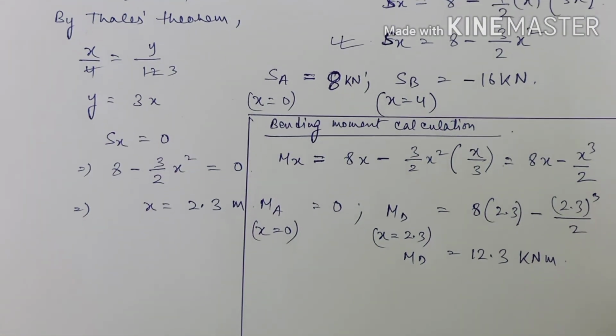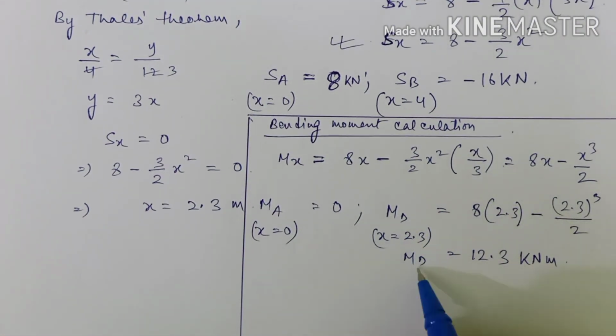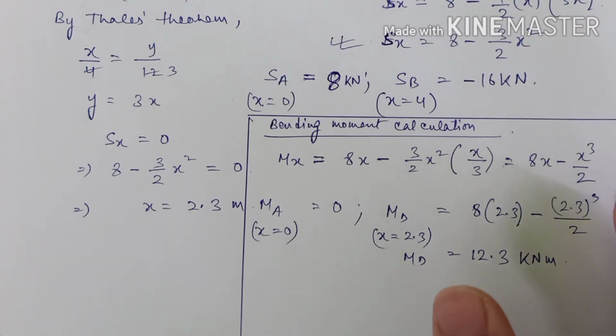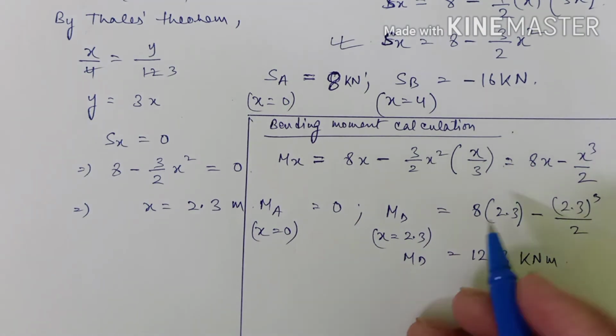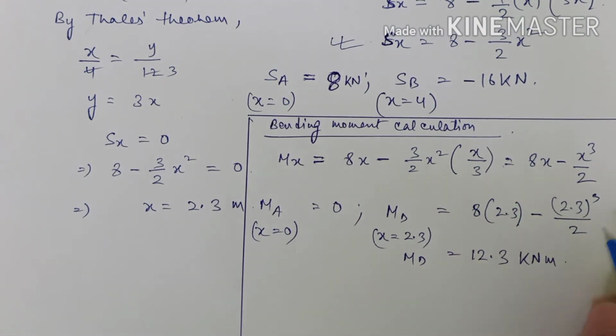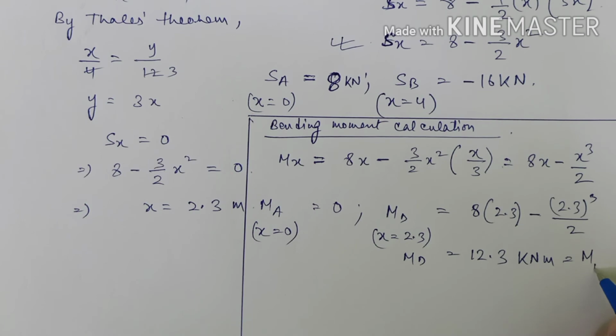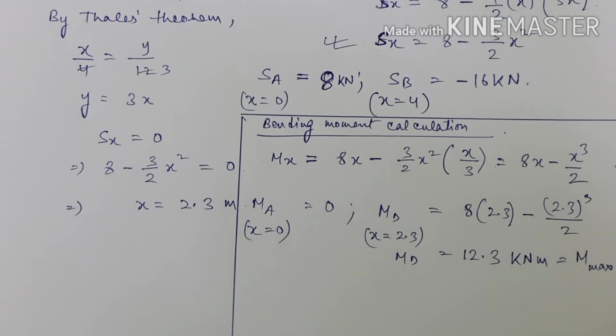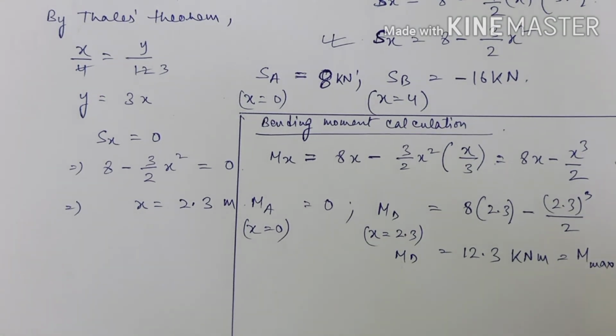So guys, one thing to note is this is the value of bending moment at the point of inflection, where the value of shear force is 0, which means the value of bending moment is maximum. So this MD is nothing but the maximum bending moment. Just keep this in your mind.